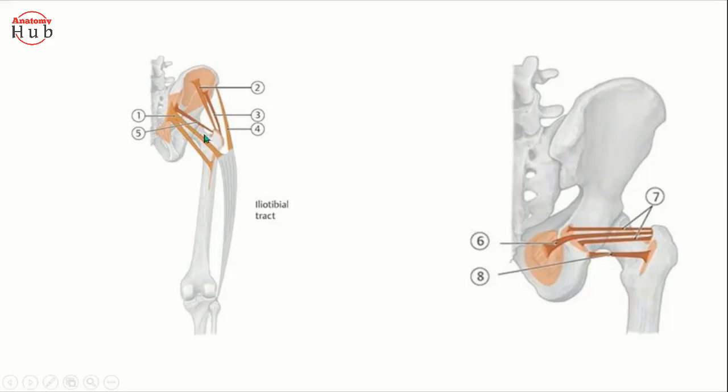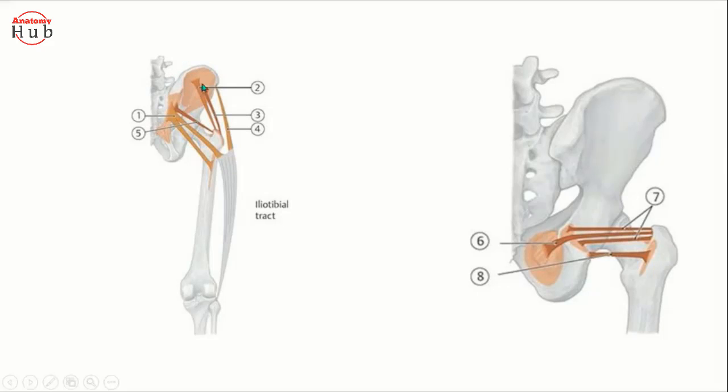This gluteus maximus muscle has innervation from the spinal nerves L5 to S2. So what is that? That is your sacral plexus. That nerve is known as the inferior gluteal nerve.